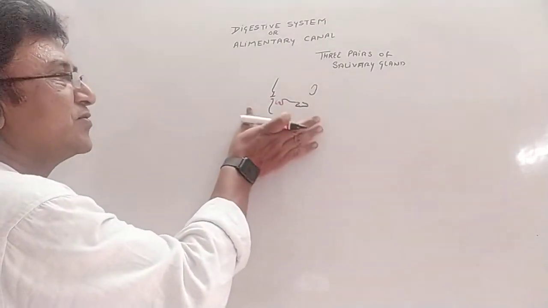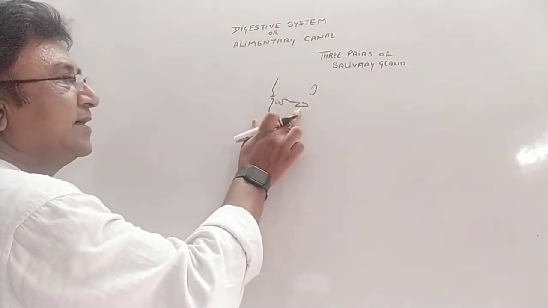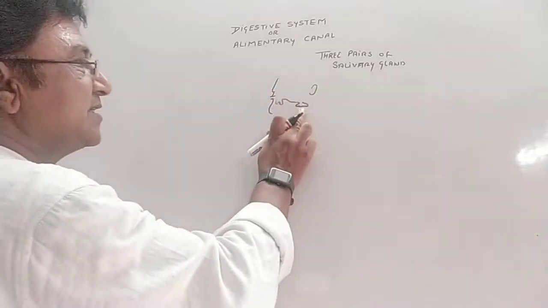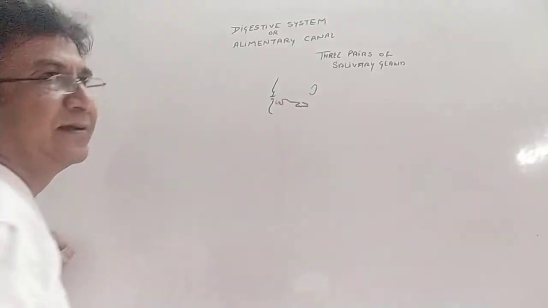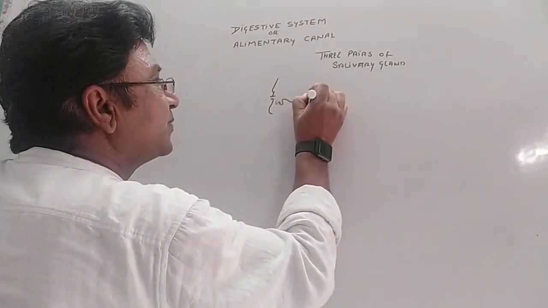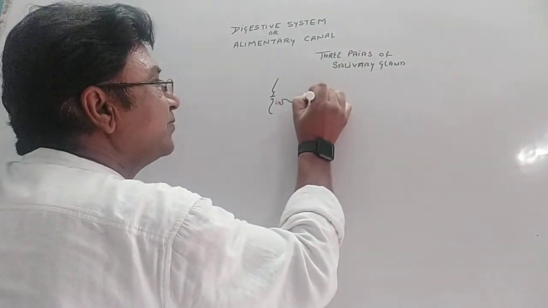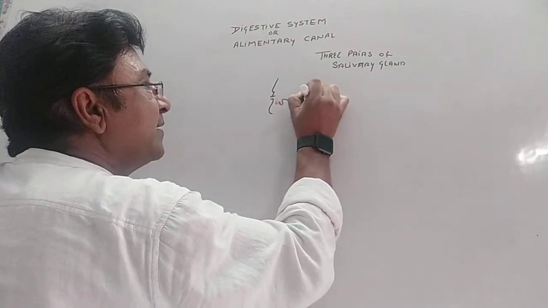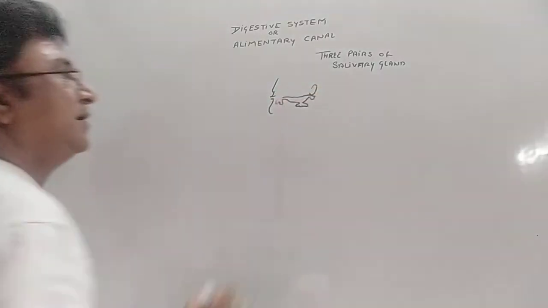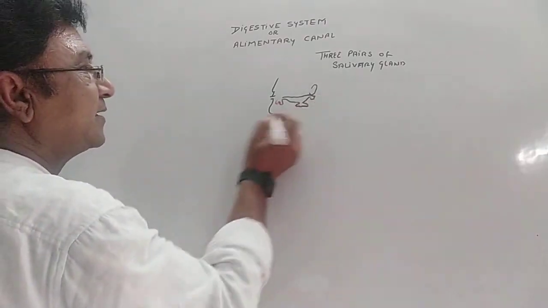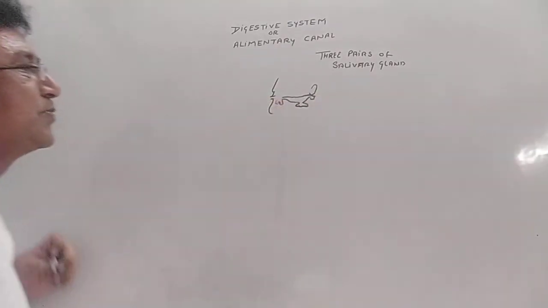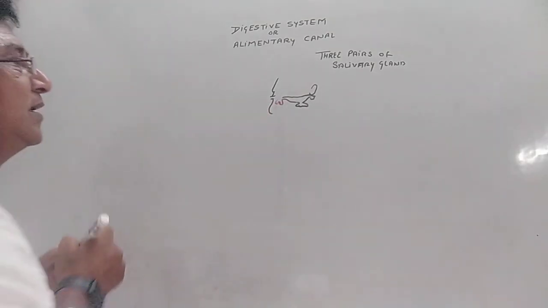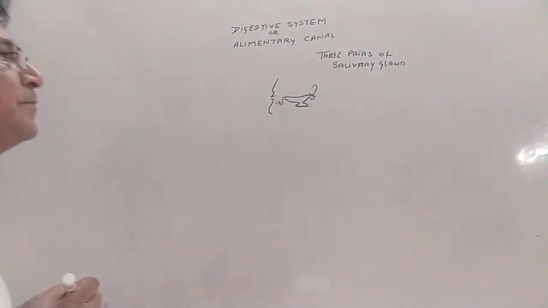There are two sides of a face, we are making one side. So on this side there is another gland which is present just below the maxillary bone. So this is the submaxillary salivary gland, and one is present just below the ear. So the gland which is present just below the mouth is called sublingual. This is a sublingual gland.